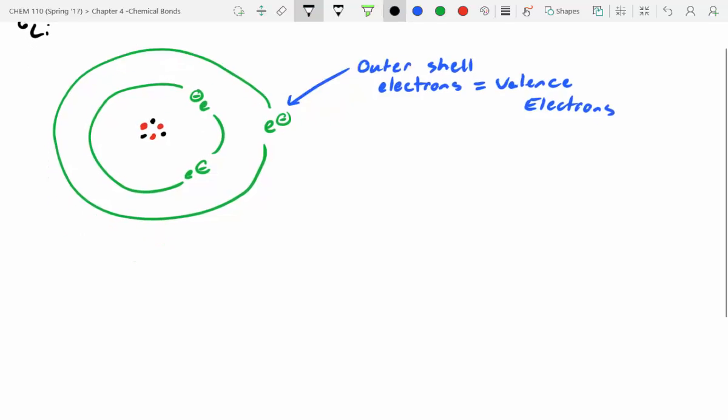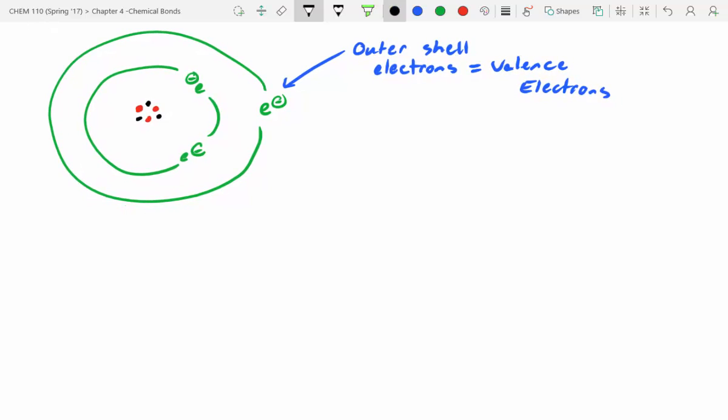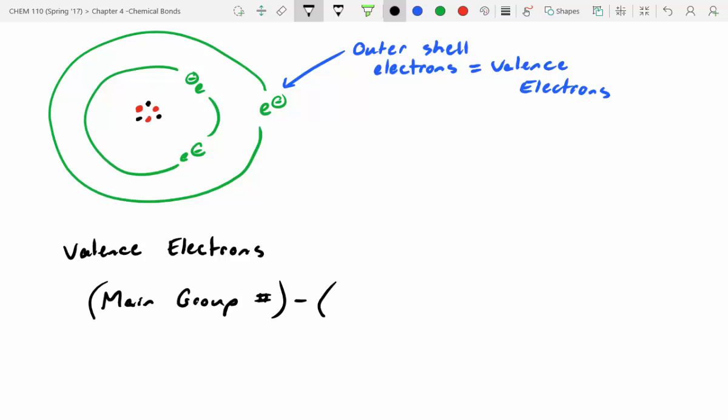So let's do a little bit of review. We said that our valence electrons can be found by that Roman numeral. We said that it's your main group number, that Roman numeral in the table, and then minus your charge if you have a charge.